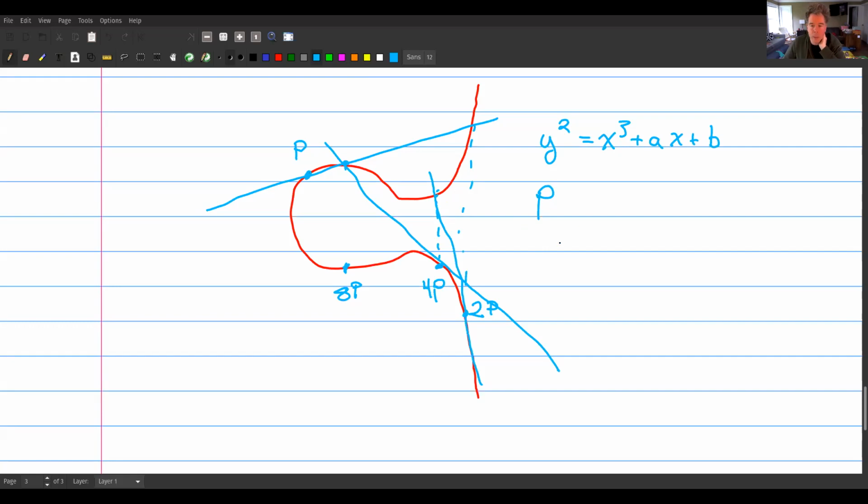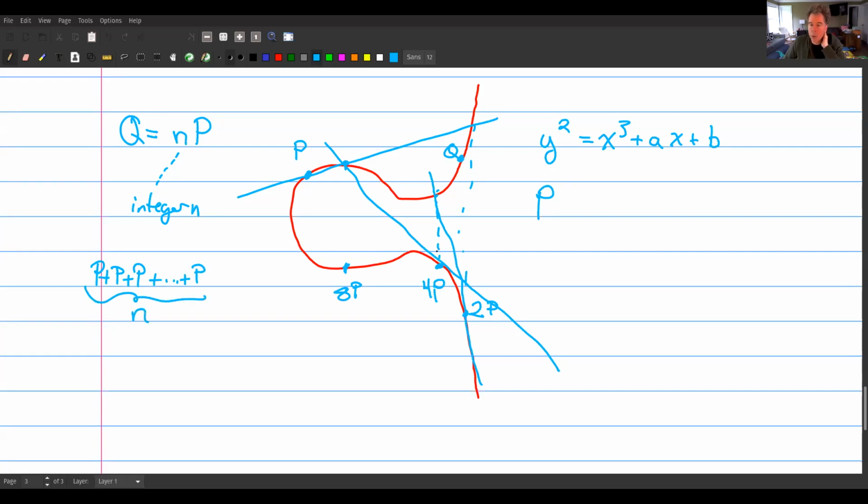What does that mean? That means that every element of the group, if you just pick some random thing here, let's say Q, is equal to N times P for some integer N. And just remember that this is just compressed notation for P plus P plus P plus P plus P, N times.